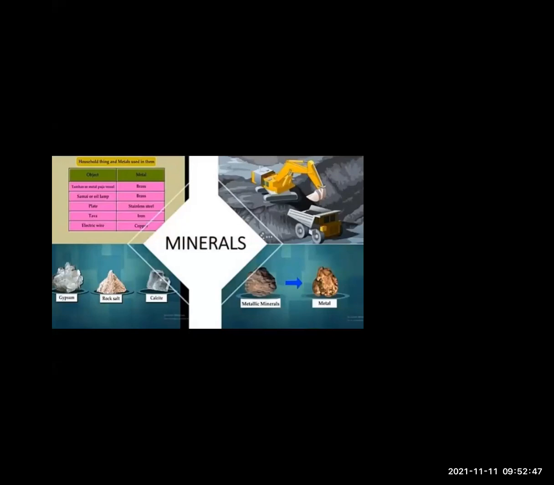Metallic minerals are used for obtaining different metals such as iron, bauxite, etc. And non-metallic minerals are used in obtaining various chemicals like gypsum. On the left hand side you can see gypsum, then rock salt, then calcite. All this we are using in our household. And on the other side we can see metallic mineral, that is metal.